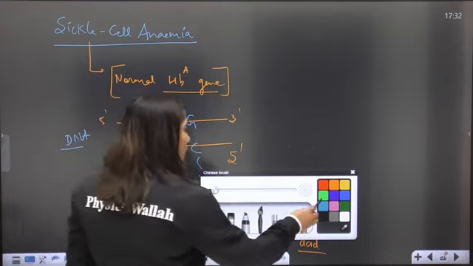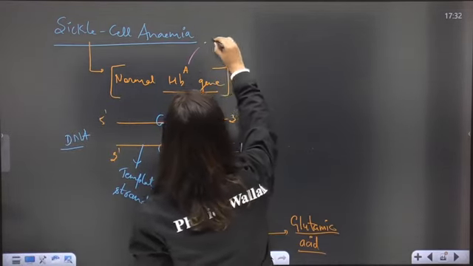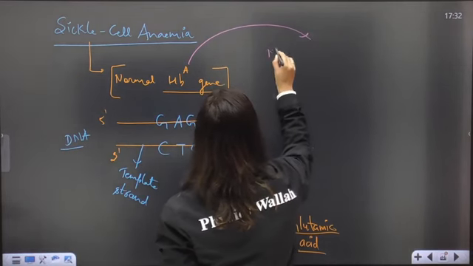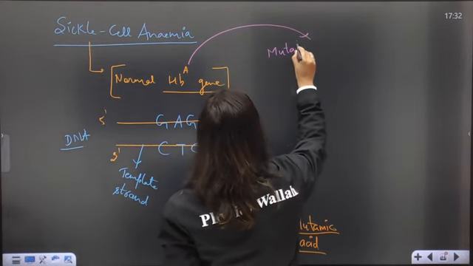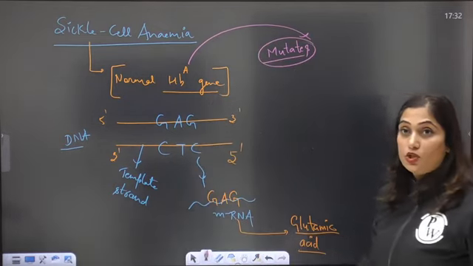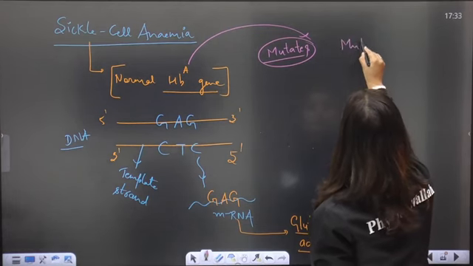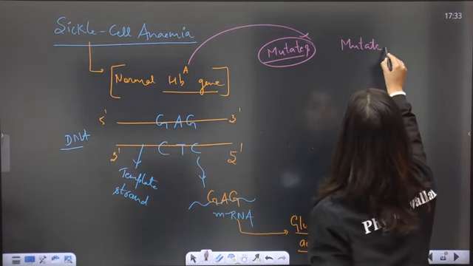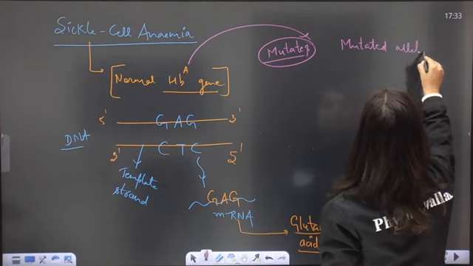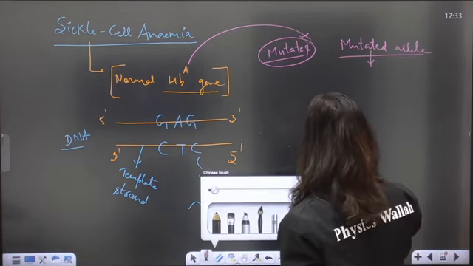But when this gene mutates, the mutated allele is the HbS form.